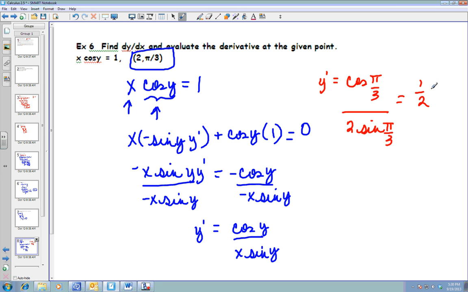I'm going to put divided by, because I don't like fractions over fractions, 2 times the sine of 60. The sine of 60 is the square root of 3 over 2. So I have 1/2 divided by, my 2's cancel, square root of 3. 1/2 times the reciprocal. So my answer is 1 over 2 square root of 3.